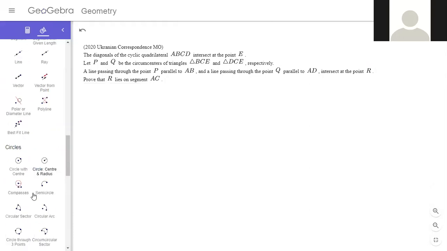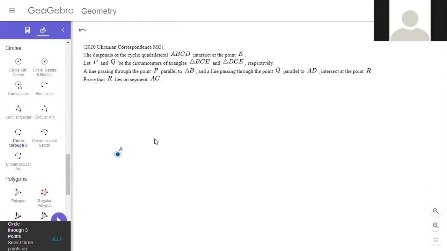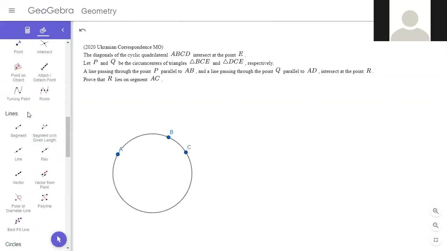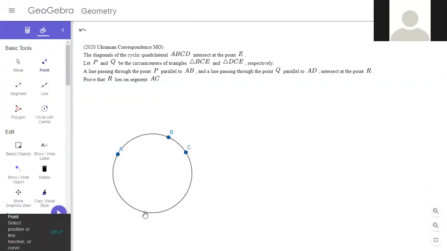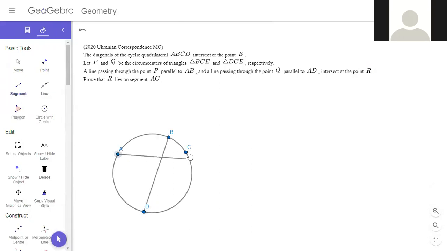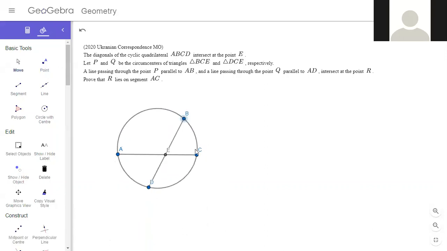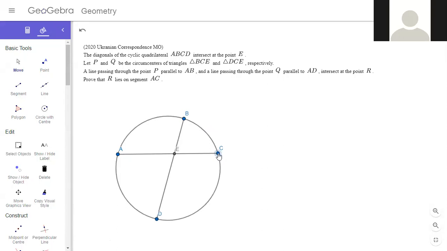So let me draw a cyclic quad, A, B, C, D. In a lot of the questions I did recently, the diagonals are perpendicular, but here they don't have to be perpendicular. So the diagonals intersect at E. Let P and Q be the circumcenters of BCE and DCE.